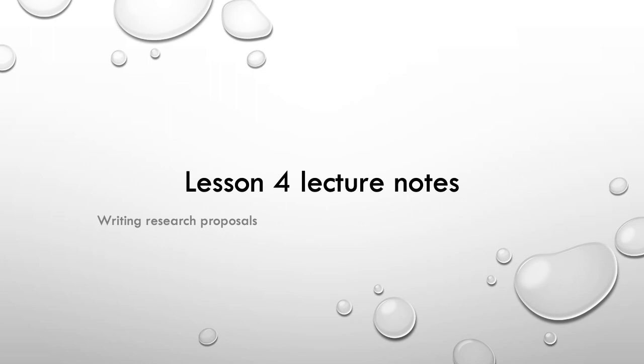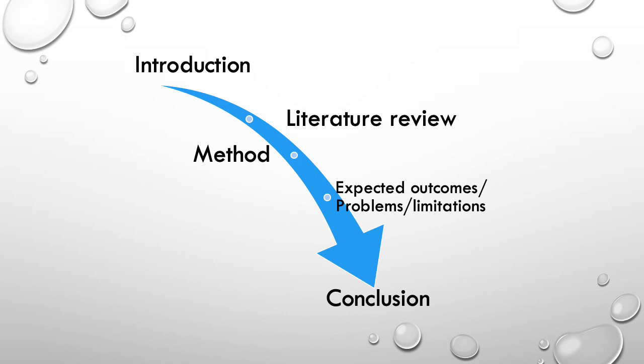We are talking about how to write research proposals. Usually it starts with an introduction, then a literature review, a method, followed by what you expect the outcomes to be, and if you expect there will be any problems or any limitations of your study, and then finally come to the conclusion of the proposal.